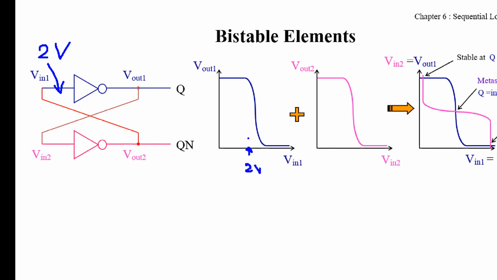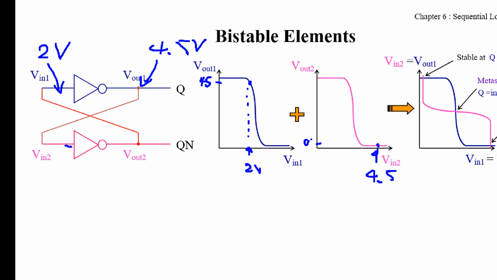Output is maybe 4 point something, for example 4.5 volt. V out 1 is 4.5, then V in 2 is also 4.5.